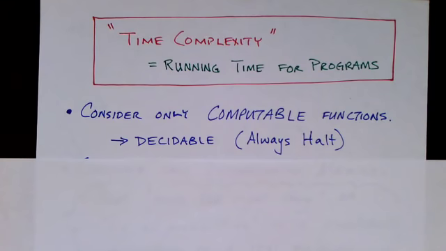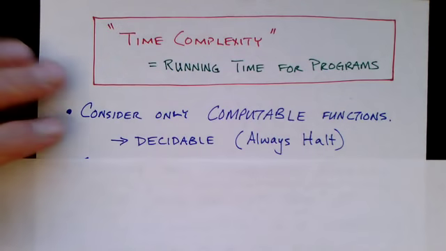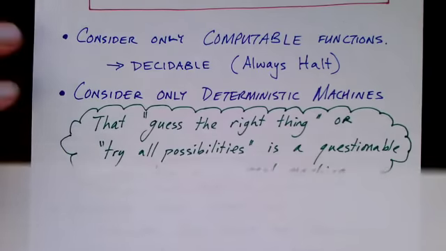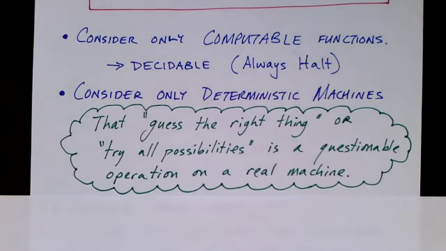And in particular, remember that decidable functions always terminate, always halt. That makes sense because we can't really consider the time it takes for programs to run when they do not halt. So we'll only look at decidable functions, and we'll only consider deterministic machines.